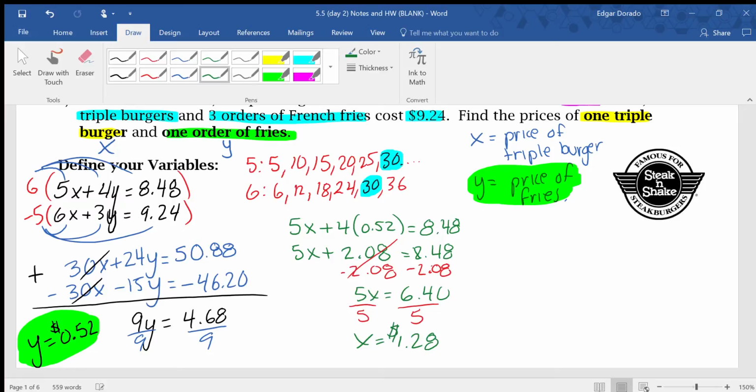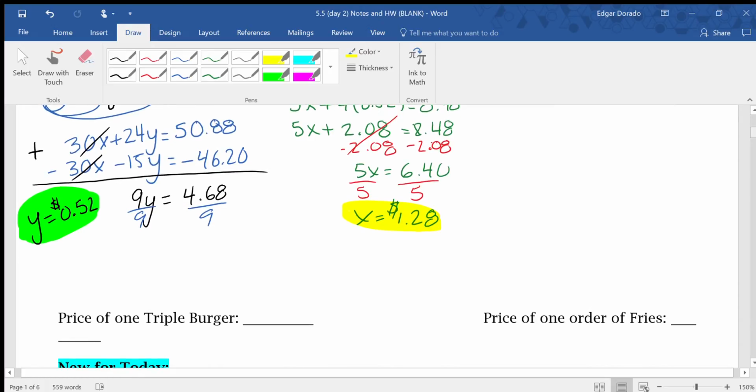And yet again, we're talking about money here. So my price of triple burgers would be $1.28. Okay, so I now have officially figured out both of my answers.